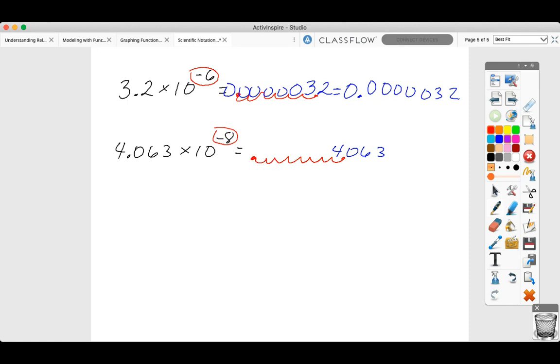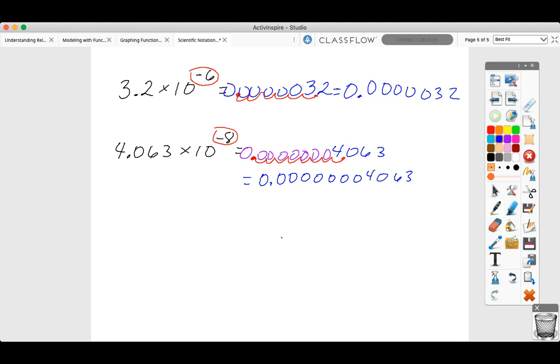We're going to fill in with a bunch of zeros. Everywhere where I got a blank space, I'm going to write a 0. And don't forget your leading 0. So we've got 0.00000004063.